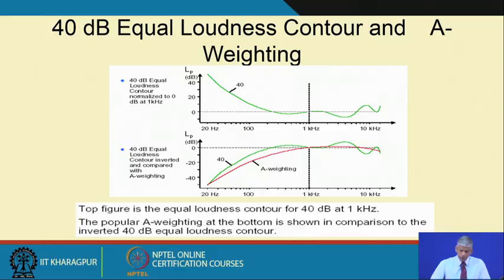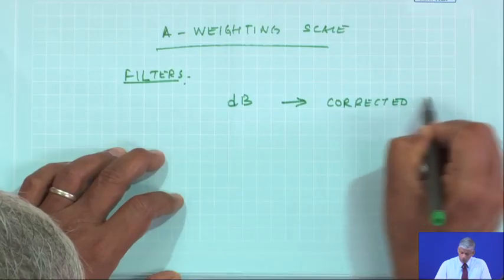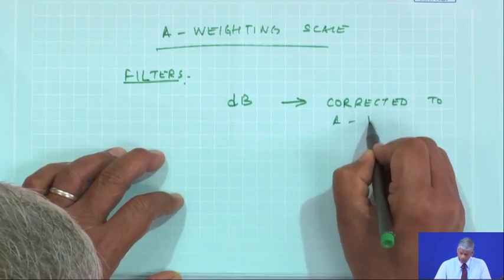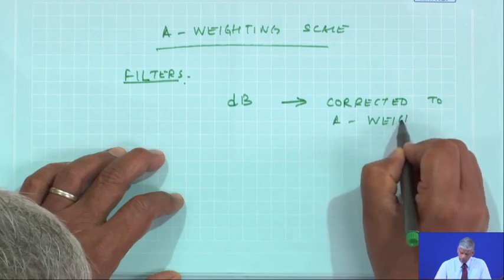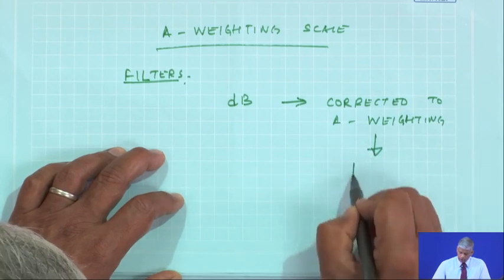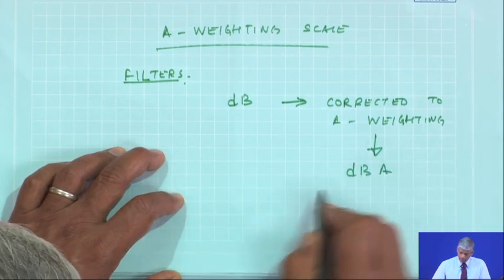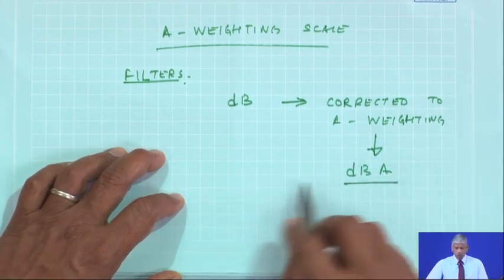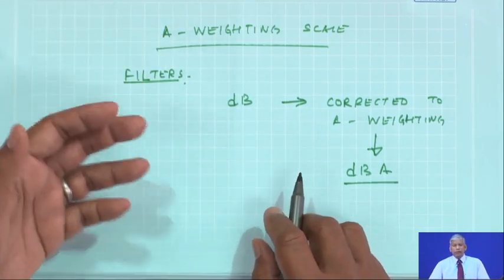Any measurement which has been done in decibel and then corrected to A weighting is then represented in dBA. So, decibel in the A scale. There are of course B scales, C scales, which are used for higher levels.